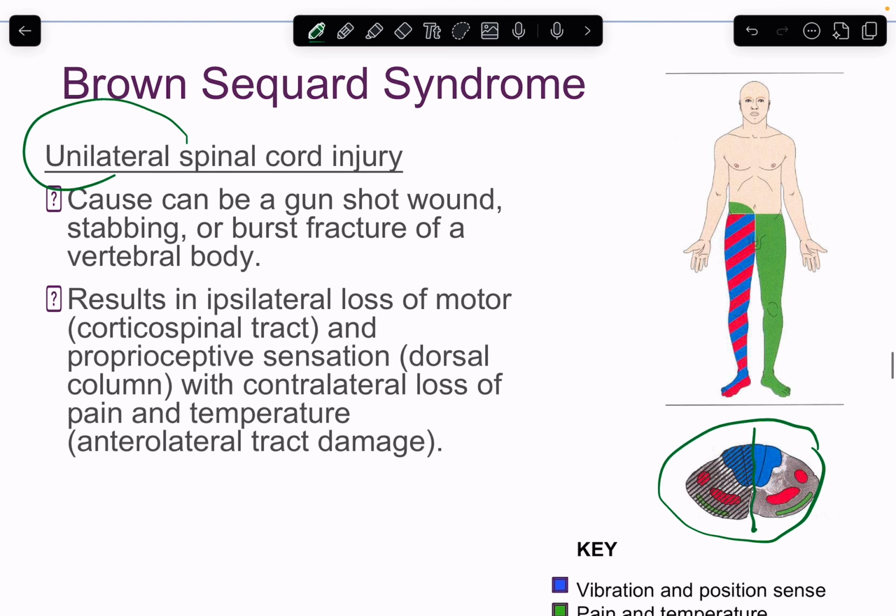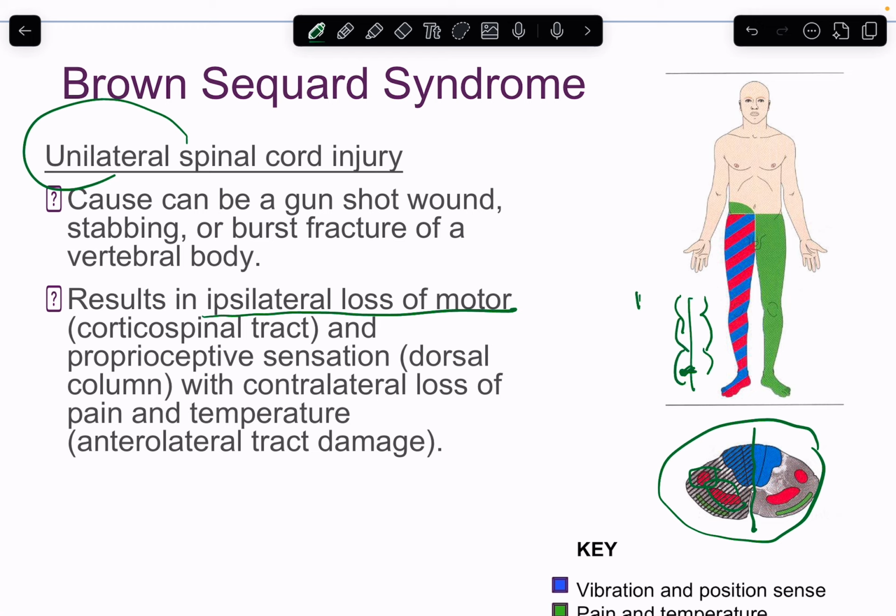corticospinal tract, this red one, the motor. It affects the corticospinal tract, and the affectation is ipsilateral loss. Why is it ipsilateral loss? Because remember, the point of decussation of the corticospinal tract is in the lower portion of the medulla. If this is your brain stem, okay?